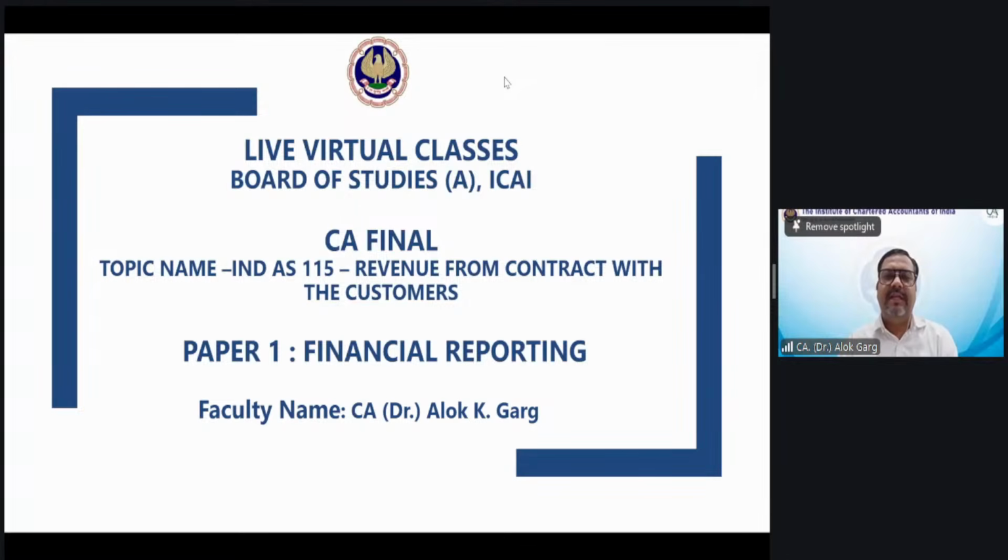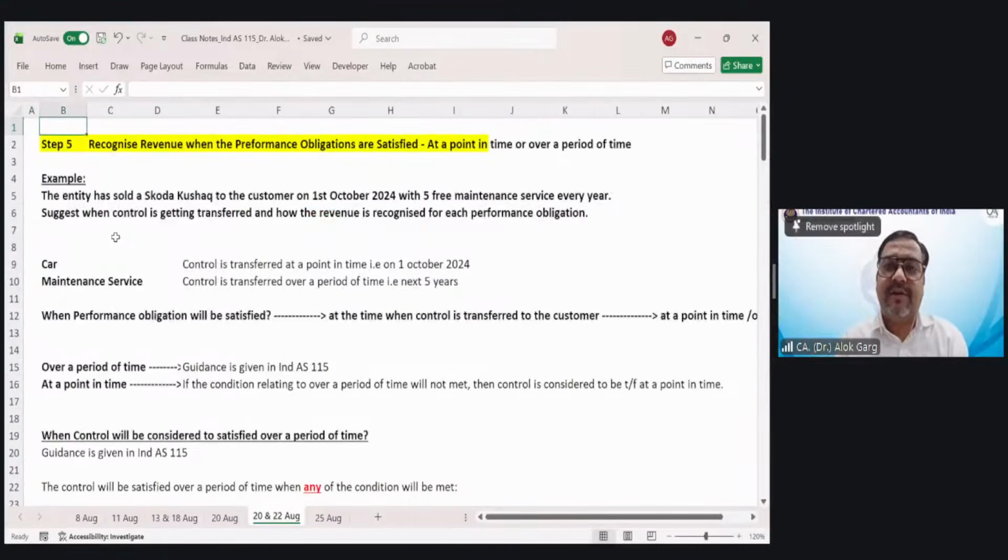So students, quickly, let me revise step number 5, recognition of revenue when the performance obligations are satisfied. Then I'll jump to repurchase agreement, and then I'll cover service concession arrangement. In the last class we covered the recognition of revenue.